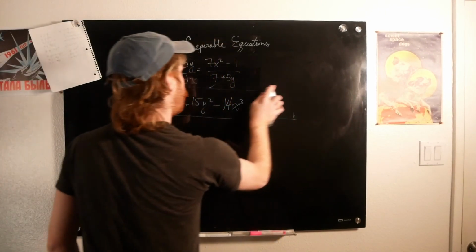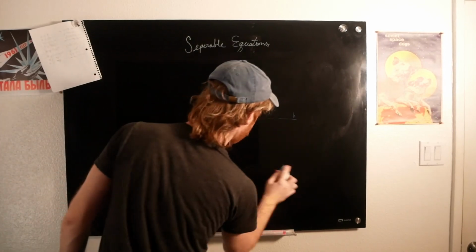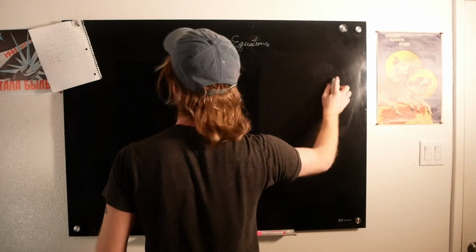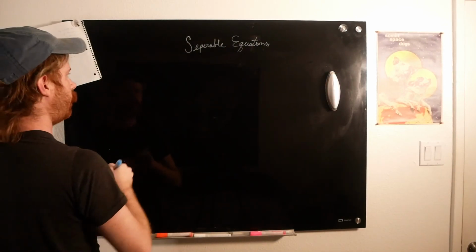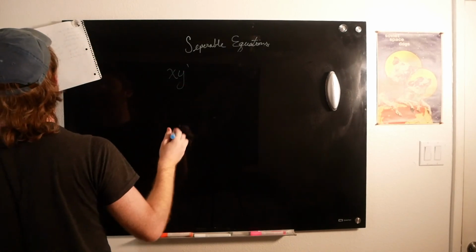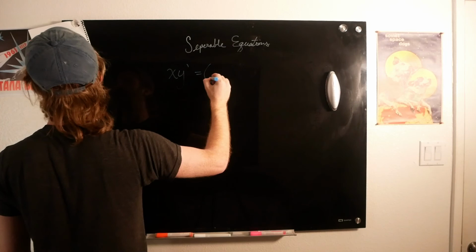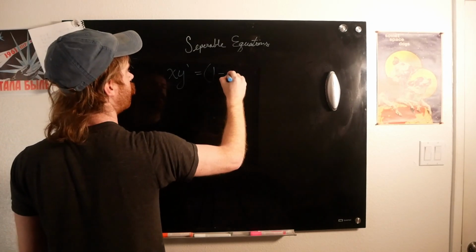So let's do another one. Let's see, xy prime equals 1 minus y squared to the 1/2 power.